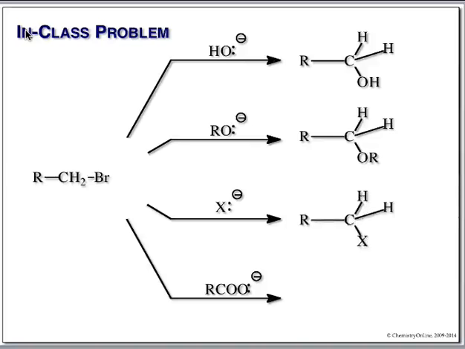The O minus is simply our nucleophile, bromine leaves, and we get the carboxylate ester. So using this very simple displacement reaction, we've just made alcohols, ethers, alkyl halides, and carboxylate esters. Very, very simple, very, very powerful.